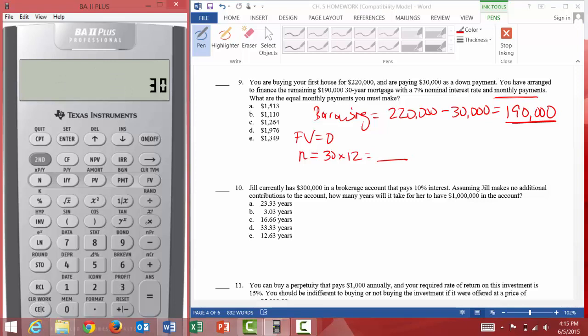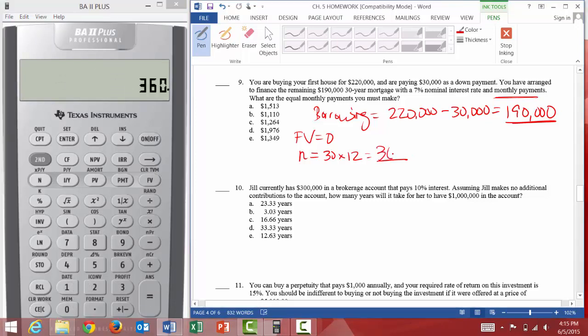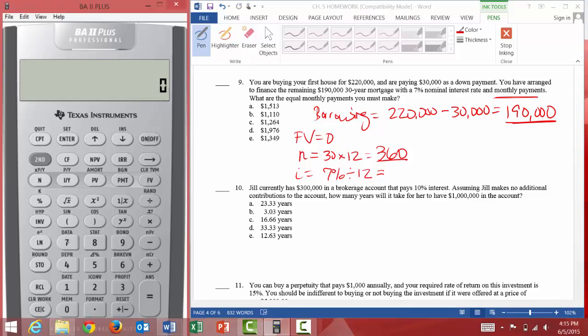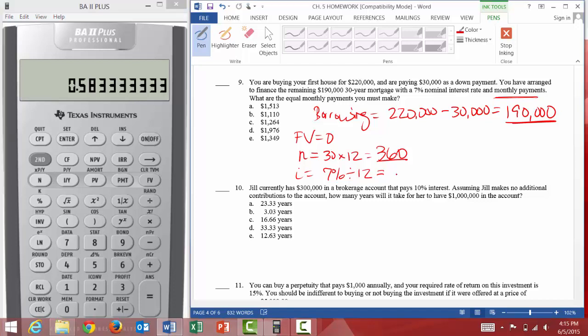So 30 times 12, I'll have 360 months that I'll be paying. And the interest rate is going to be 7%, and I have to divide that by 12 because we have to make it a monthly rate.